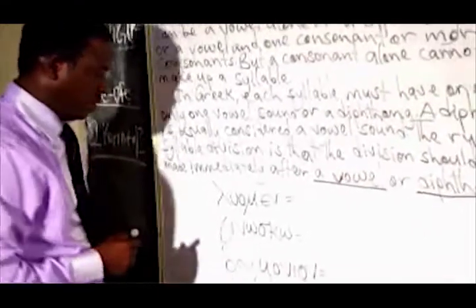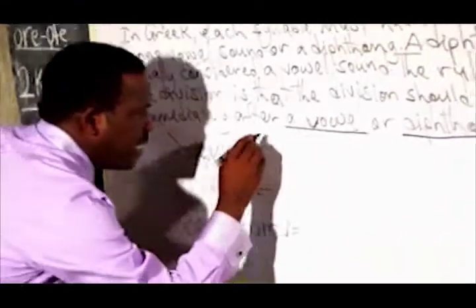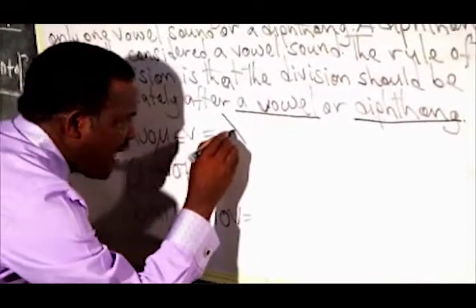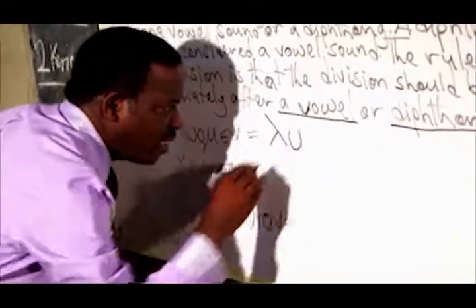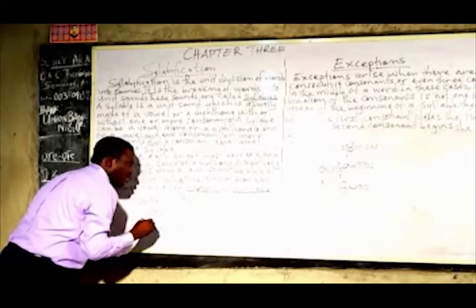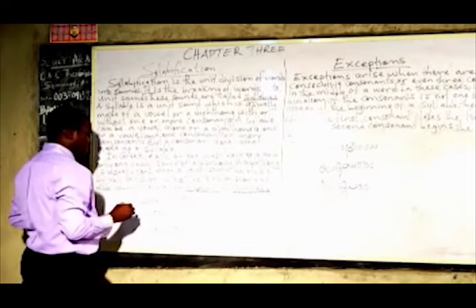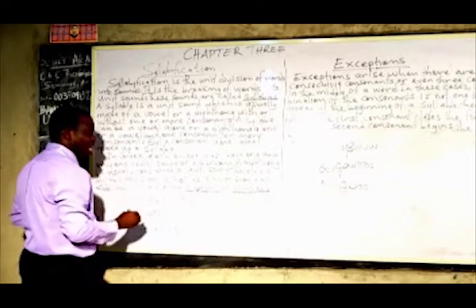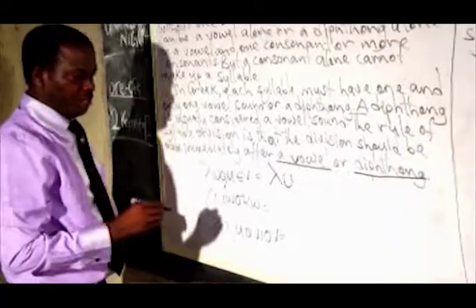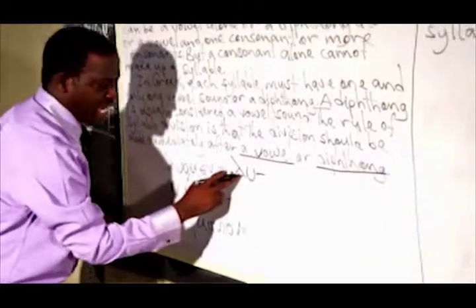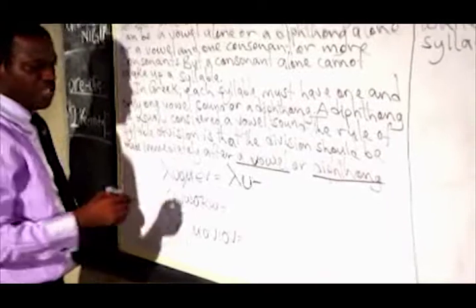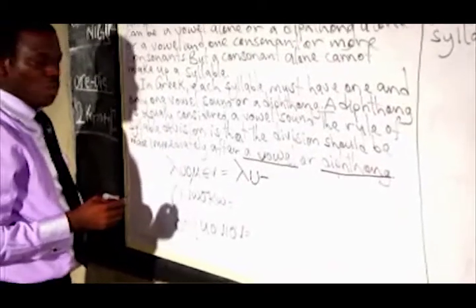The first one has a consonant as the first letter, and then upsilon as the first vowel. Because the rule says that the division should be made immediately after a vowel or diphthong, we make the first division. So we have lambda and upsilon, which is pronounced as lu.